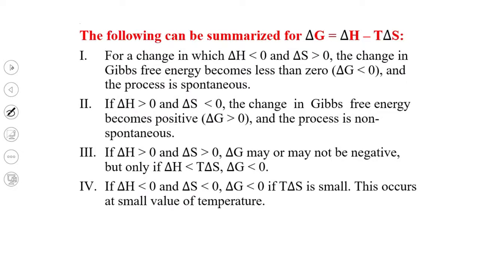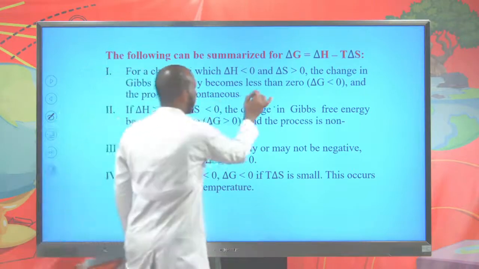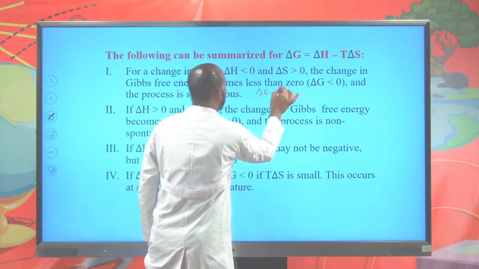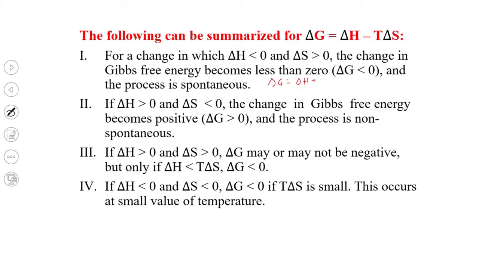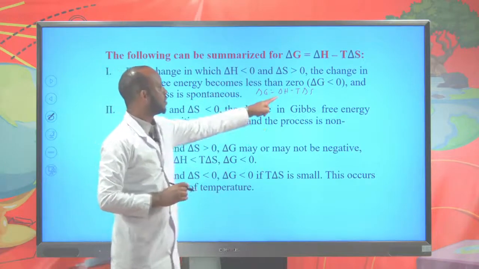The following can be summarized for delta G equals delta H minus T times delta S. 1. For a change in which delta H is less than 0 and delta S is greater than 0, the Gibbs free energy change becomes less than 0. Delta G is less than 0 and the process is spontaneous. We said the Gibbs free energy change delta G relates delta H with entropy through this equation, with T times delta S. Here delta H less than 0 is negative.